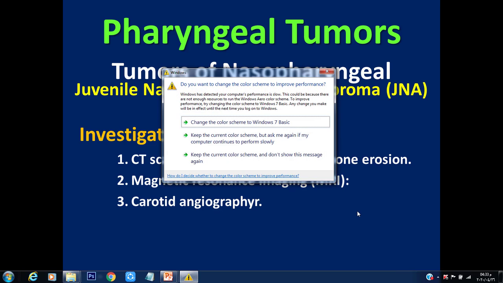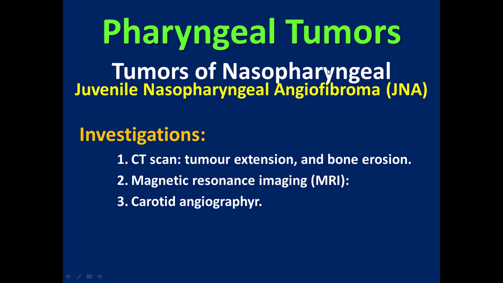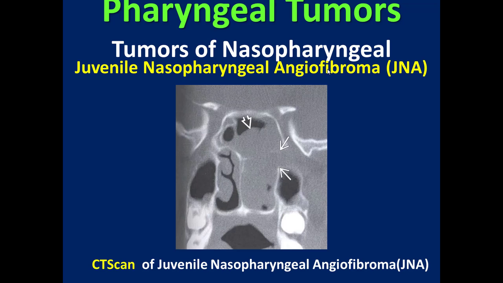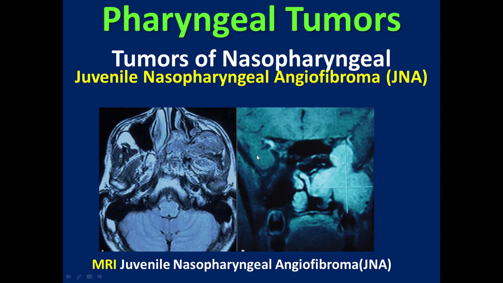Investigations are very important. CT scan and MRI are complementary for diagnosis, and sometimes we need carotid angiography for the feeder of this tumor. In this CT scan, as you see, the mass occupies all the nasopharynx and the nasal cavity. And this is MRI.